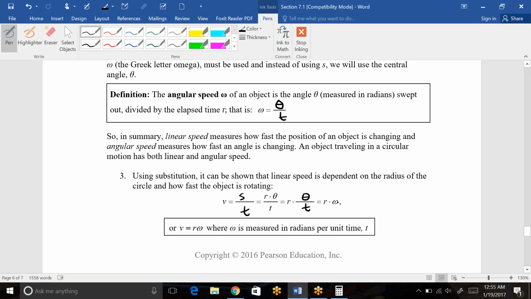And remember, theta over t is the omega. So we actually now have that r times omega is equal to our v. So v equals the radius times omega, where omega is measured in radians per unit of time t.